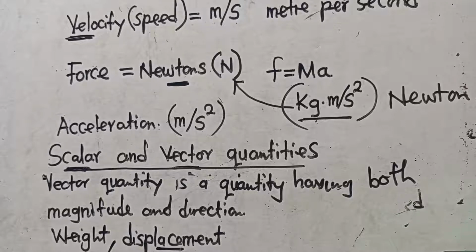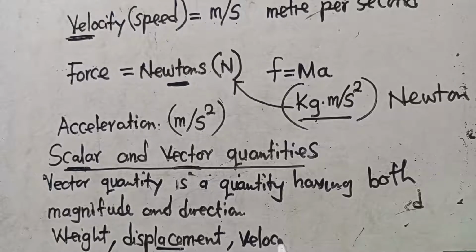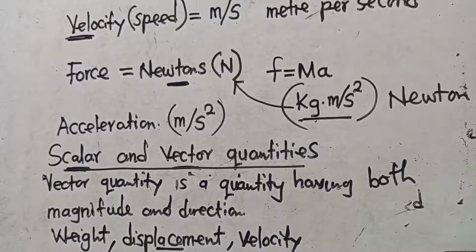You are able to know the direction, and whenever we consider direction, we are also talking about those negatives. We also have velocity. Velocity can be in negatives because it has both magnitude and direction.